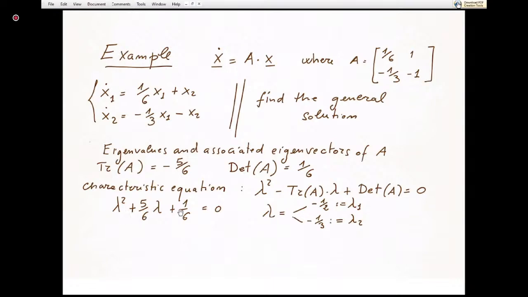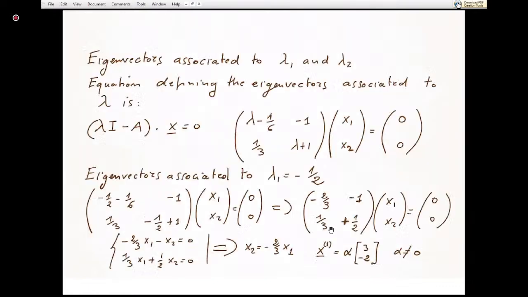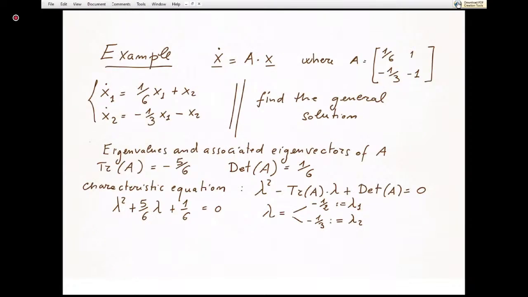This is a very simple second-degree polynomial. The two roots of this polynomial are minus 1/2 and minus 1/3. So we have two eigenvalues for this matrix. They are both negative, okay? We now know that there will be a solution of this type. We have minus 1/2 and minus 1/3.